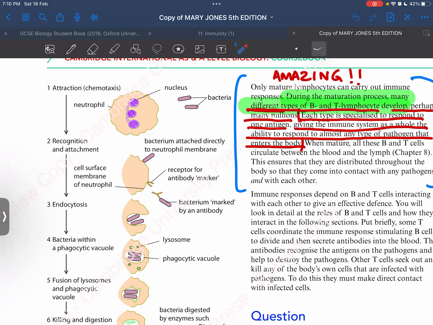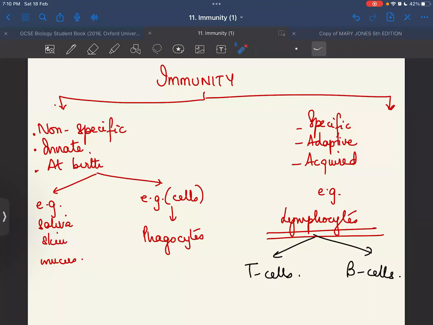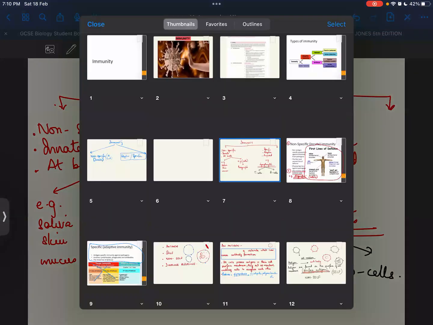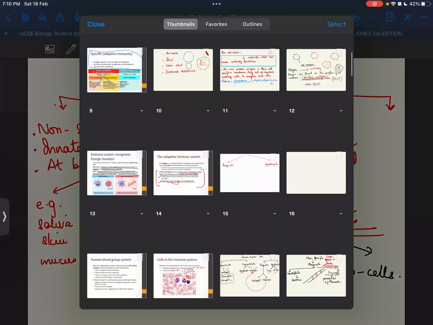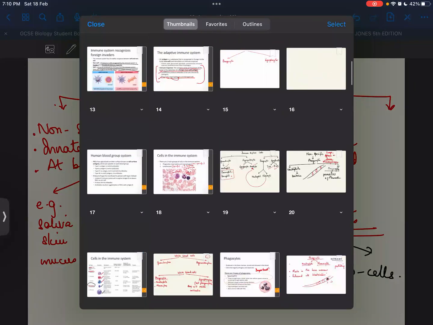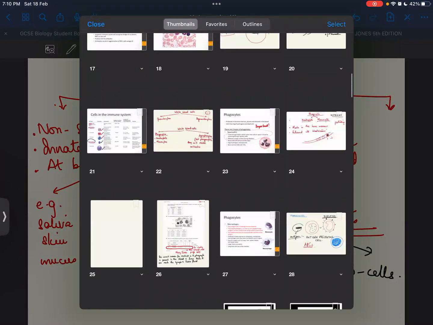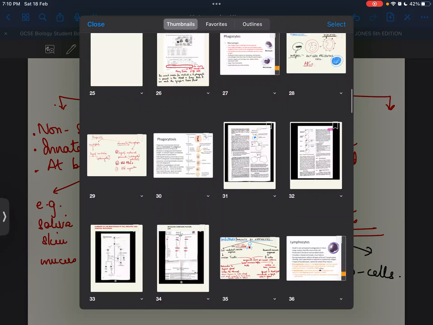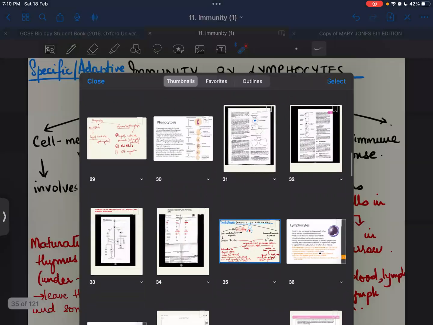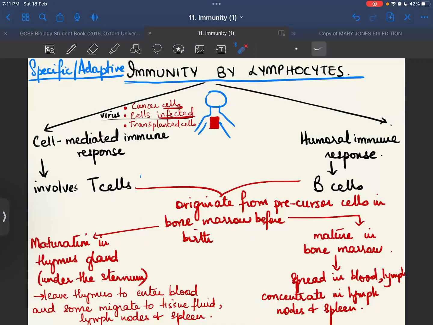And then if I move on to my presentation, we can now start the discussion of immunity under this flowchart, right? अगर हम ये देखें तो हमने बहुत अच्छे तरीके से non-specific innate immunity कर ली है, right?